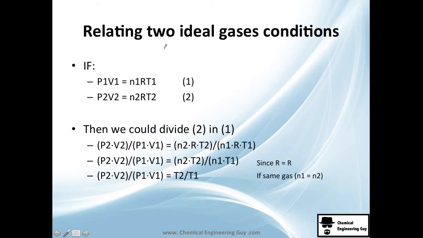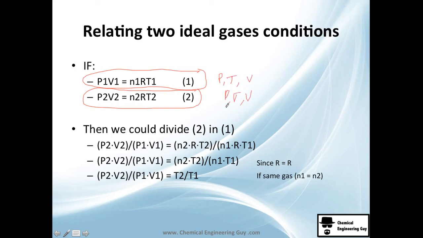So let's relate to ideal gases with their condition. I told you before, this right here is one equation, and this right here is another gas. They are different. P, T, n are different. Then what happens if we divide?